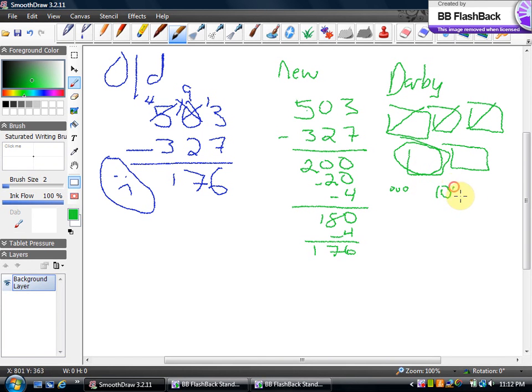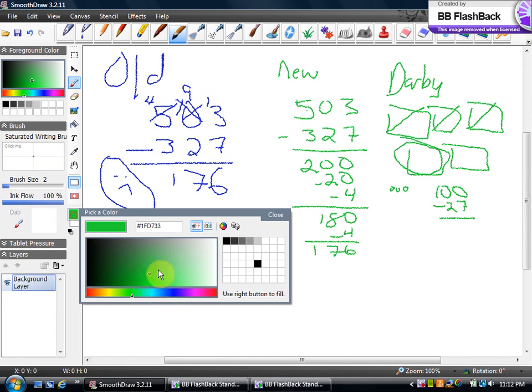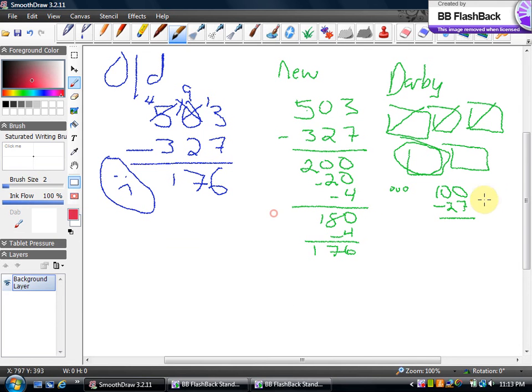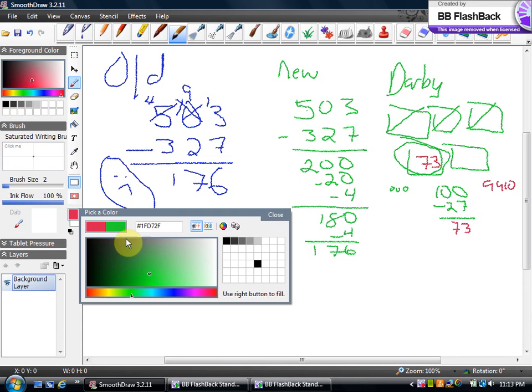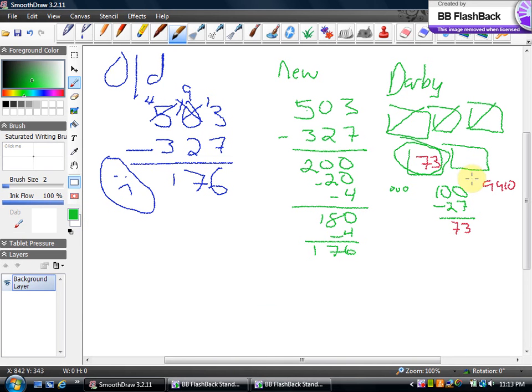So 100 minus 27, remember this is where we can use the idea of 9, 9, 10. Let's make those equal 9, 7, make those equal 10, 3. So that means I have 73 left in this one. So my daughter then says it's now an adding problem. 103 of those and 73 of those.